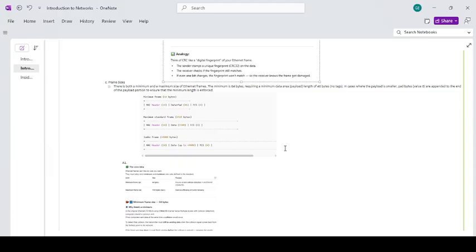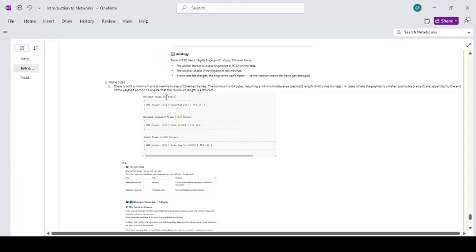The sender stamps a unique fingerprint, CRC-32, on the data. The receiver checks if the fingerprint still matches. If even one bit changes, the fingerprint won't match, so the receiver knows the frame got damaged.